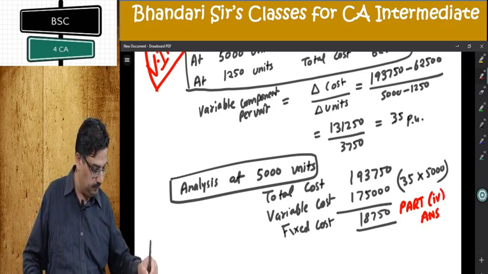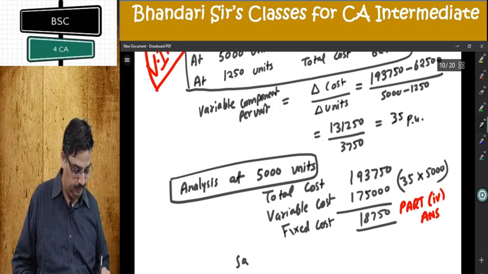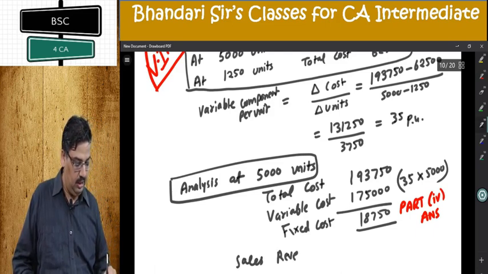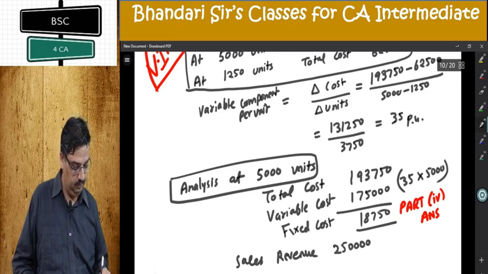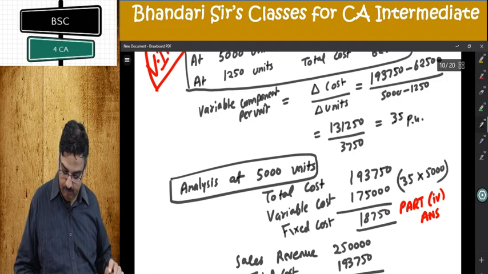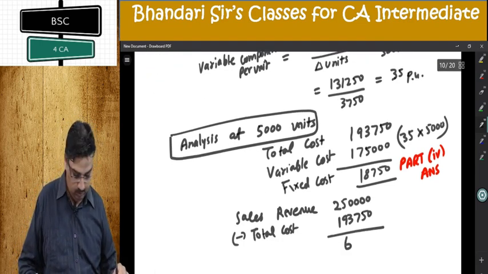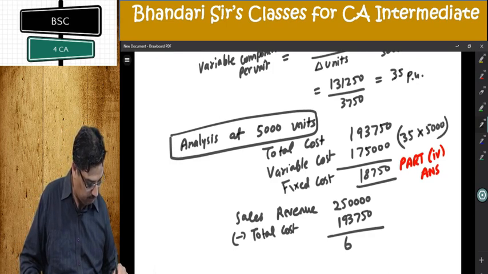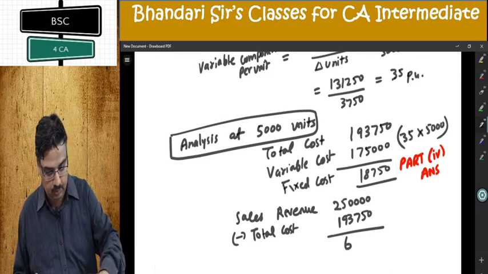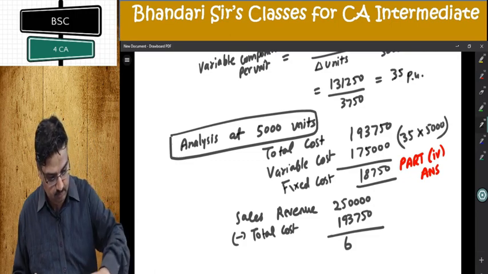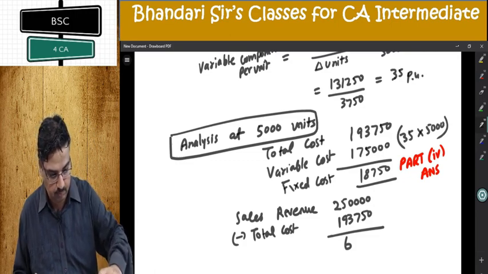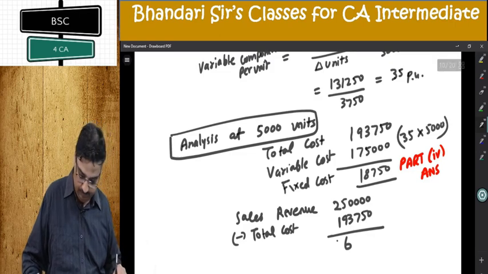Part 1 wants profit. Sales revenue 2,50,000 minus total cost 193,750. Let me compute. 2,50,000 minus 193,750 gives 56,250.